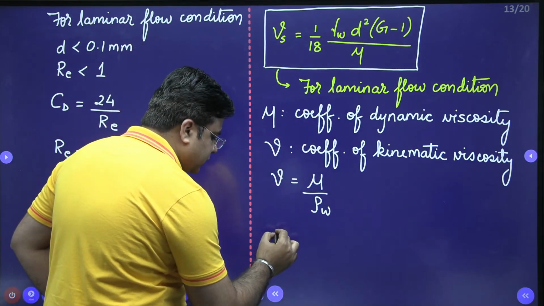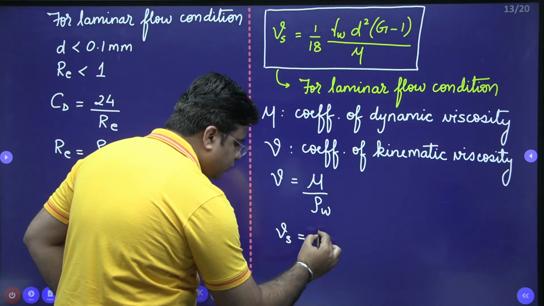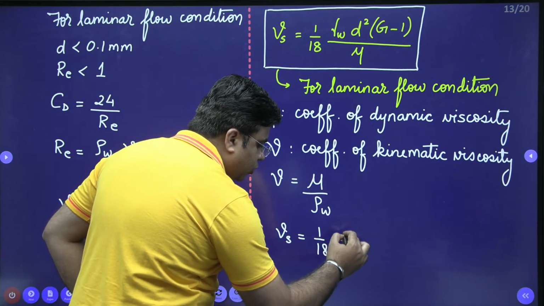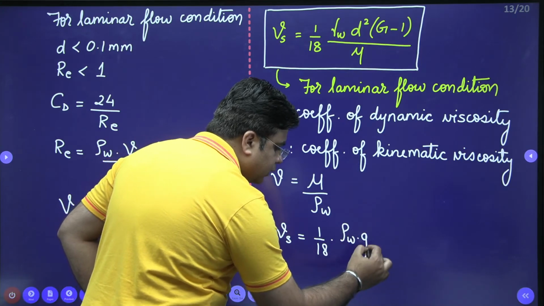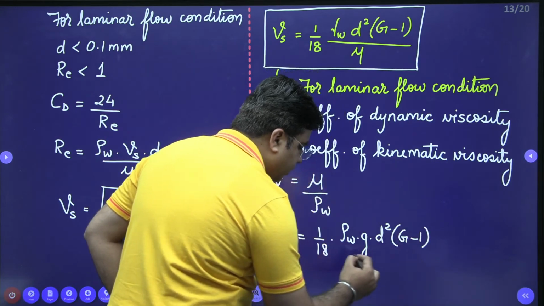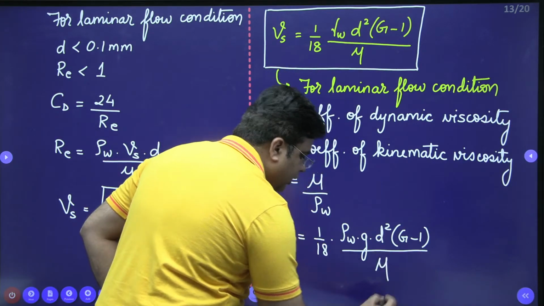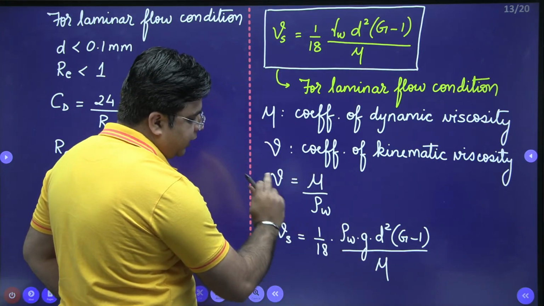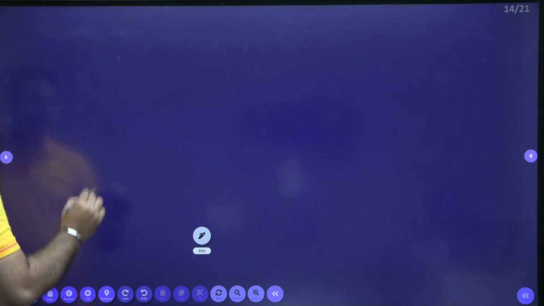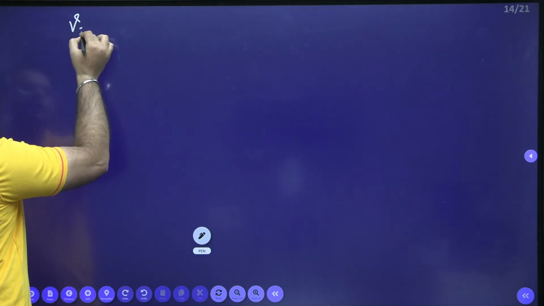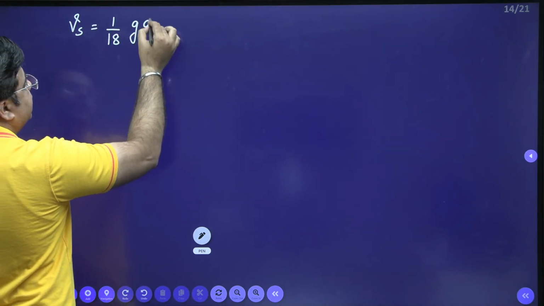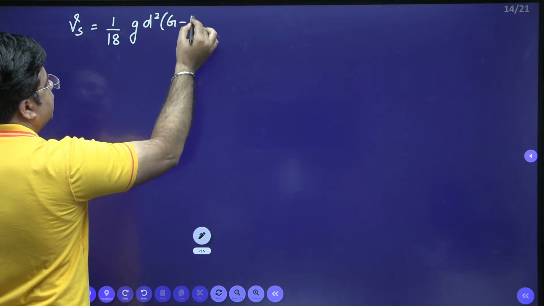So Vs is equal to 1 upon 18 into rho w g d square into G minus 1 by mu. Now this mu by rho w is equal to nu, so you have one more expression for settling velocity for laminar flow condition, that is Vs is equal to 1 upon 18 g d square into G minus 1 by nu.